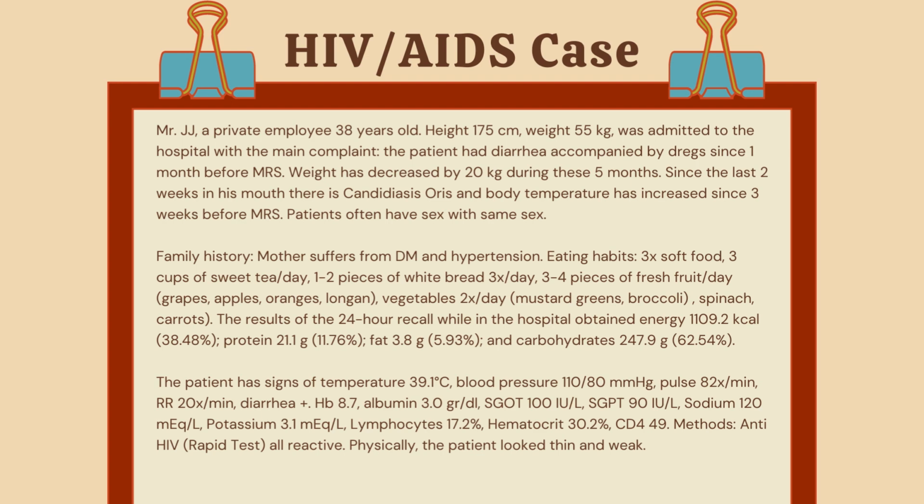The patient has signs of temperature 39.1 centigrades, blood pressure 110 to 80 mmHg, pulse 82 times per min, RR 20 times per min, diarrhea plus, hemoglobin 8.7, albumin 3.3 grams per deciliter, SGOT 100 IU per liter, SGPT 90 IU per liter, sodium 120 microequivalent per liter, potassium 3.1 microequivalent per liter, lymphocytes 17.2 percentage, hematocrit 30.2 percentages, CD4 49.